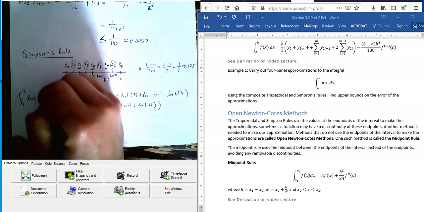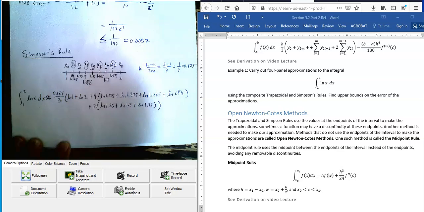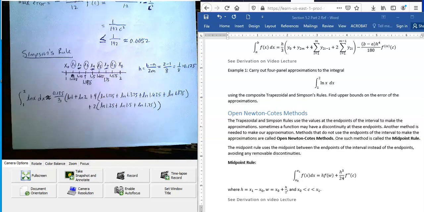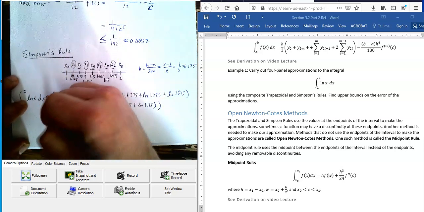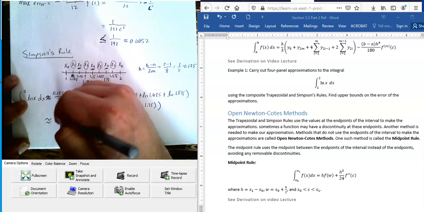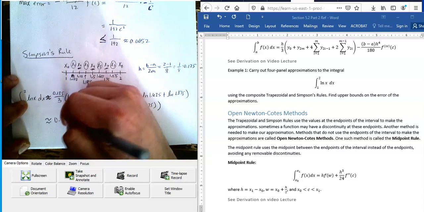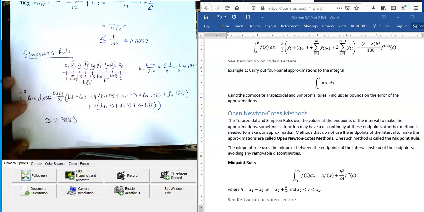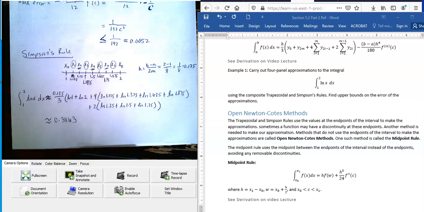Again, this is the approximation. Approximately equal to this sum. So if we do this calculation, we get approximately 0.3863 to 4 decimal places. Okay?